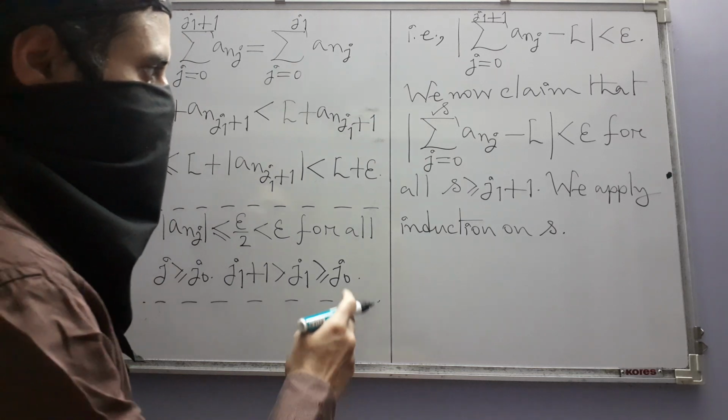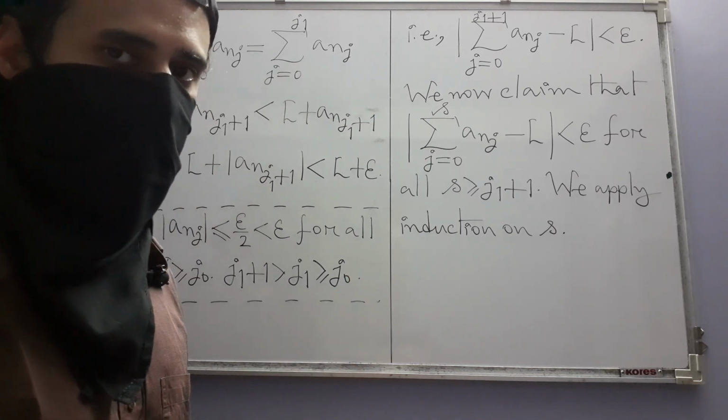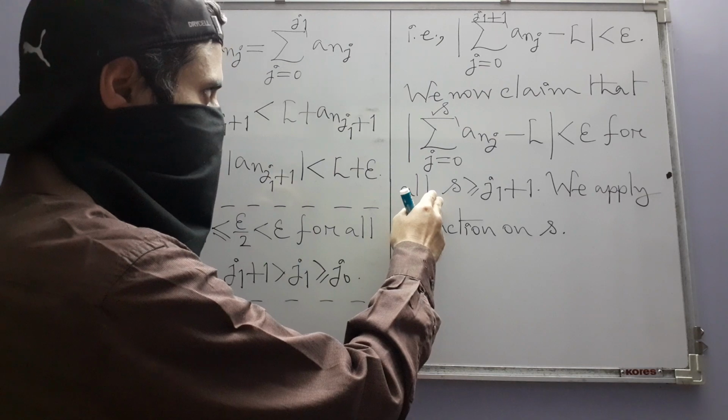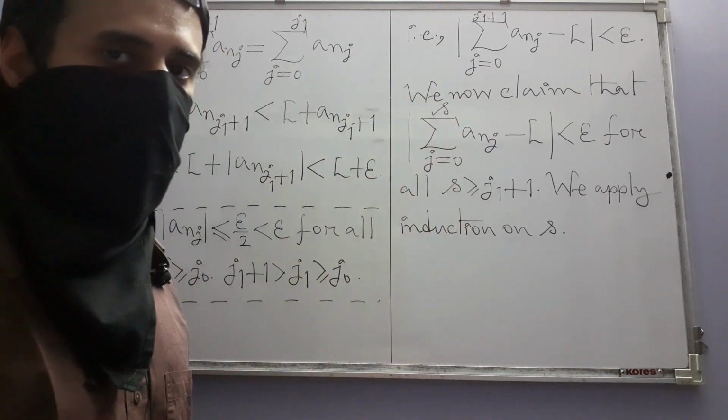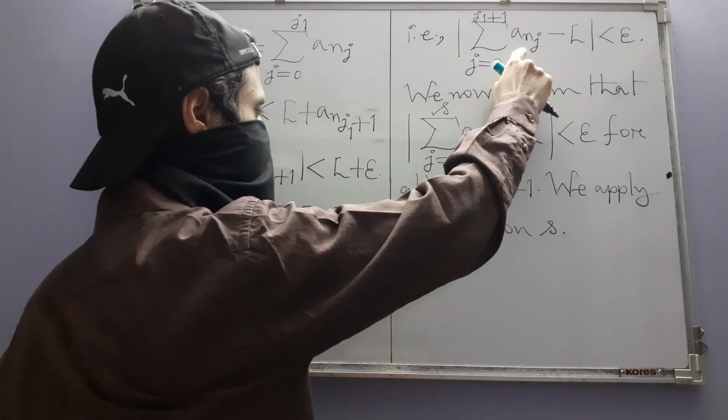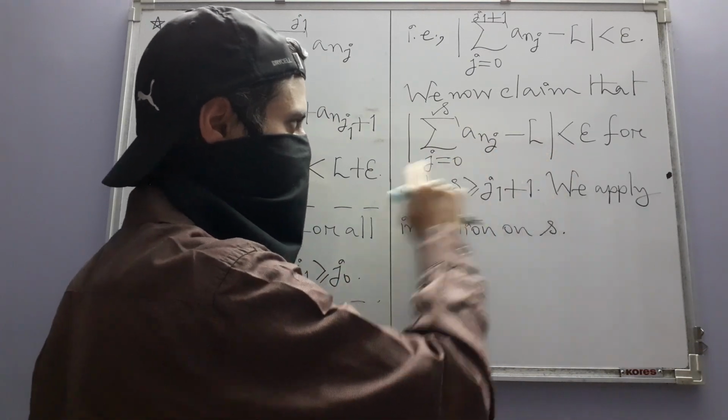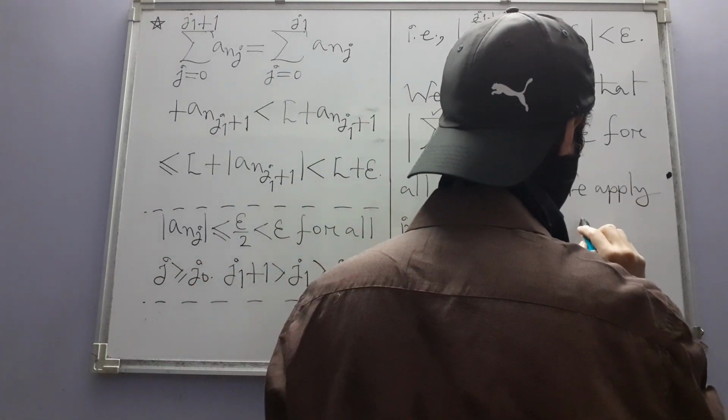And the base case is of course s equal to j1 plus 1, and in that case we already have the inequality, and in fact this is what gave us the idea of having this in the first place.